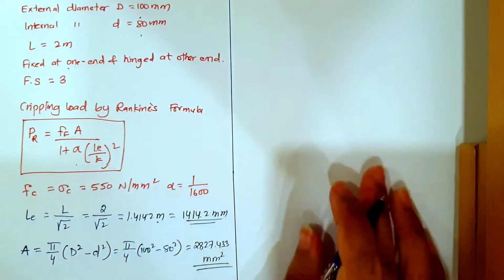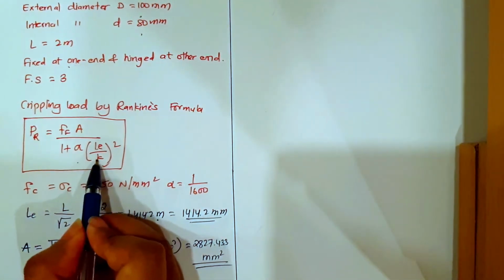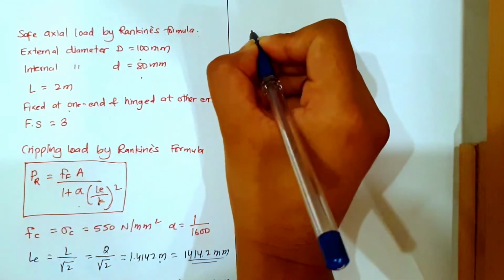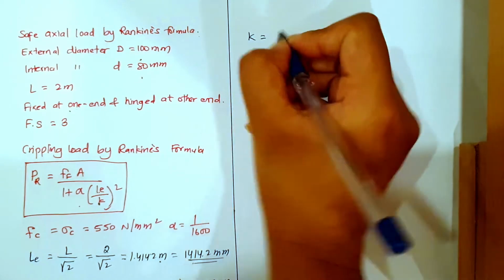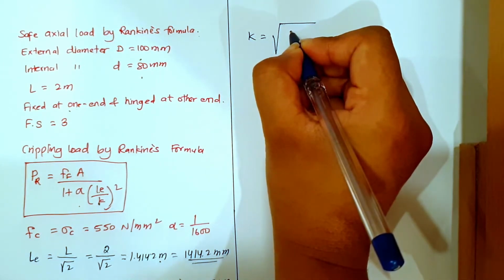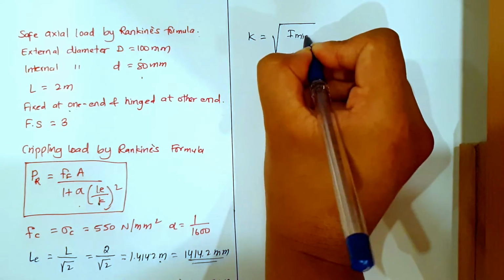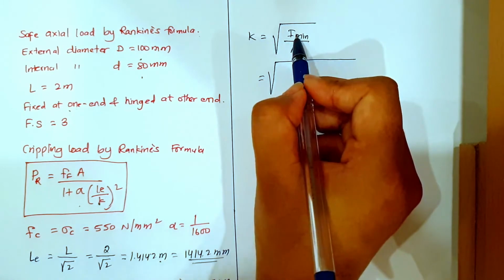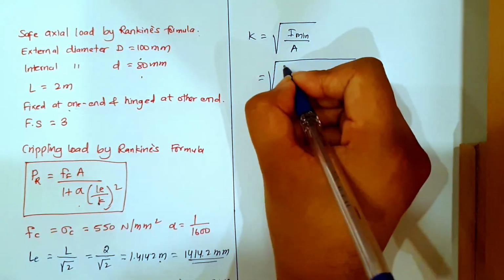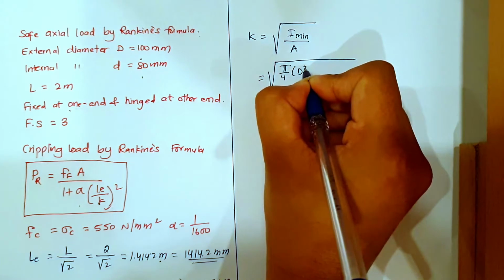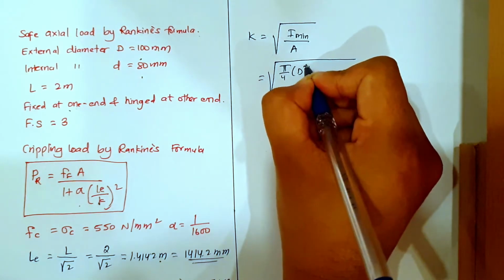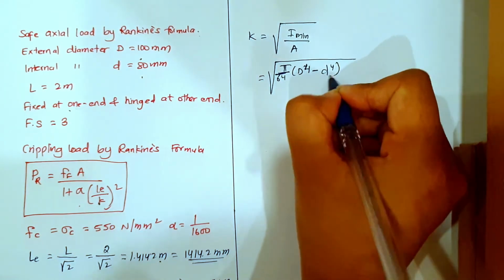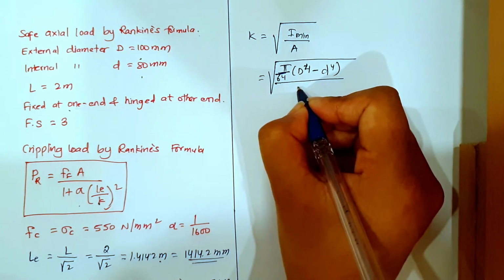Okay, now let us find the value of K here. K will be equal to root over of I minimum by area, right? So radius of gyration for a hollow circular section, I will be pi by 64 into D raised to power 4 minus small d raised to power 4, divided by area.